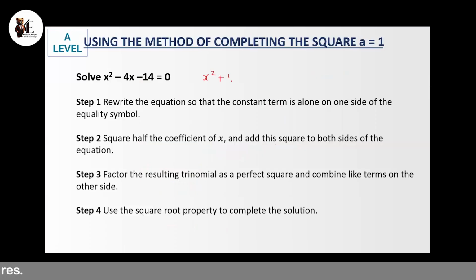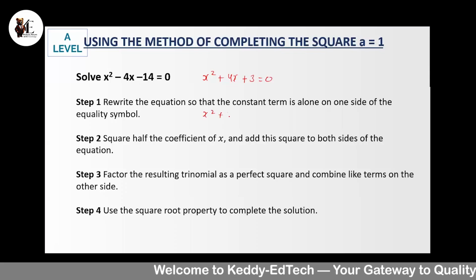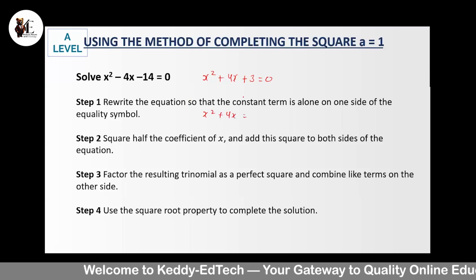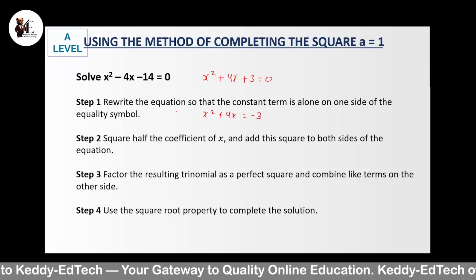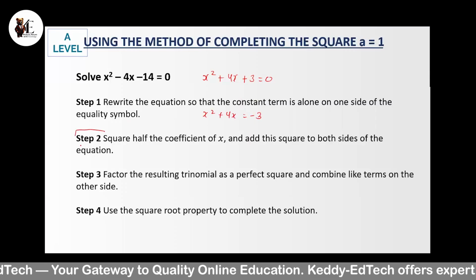So the question was x squared plus 4x plus 3. In the first step, we have moved the constant term to the right hand side. So now this is the step.